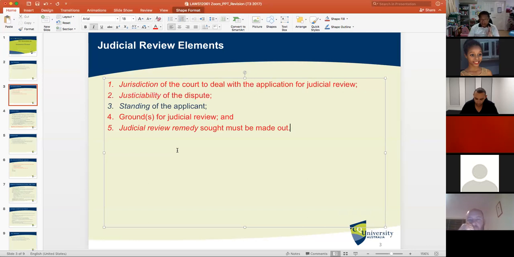So in those two instances, the High Court may most likely be willing to accept jurisdiction of an application for judicial review. But otherwise, if the High Court feels, for example, that it is not too important to the national politic, or the legal principles involved are not that significant, then it will remit that matter or that case to the Federal Court for determination. And that is in fact under Section 39B of the Judiciary Act of 1903.